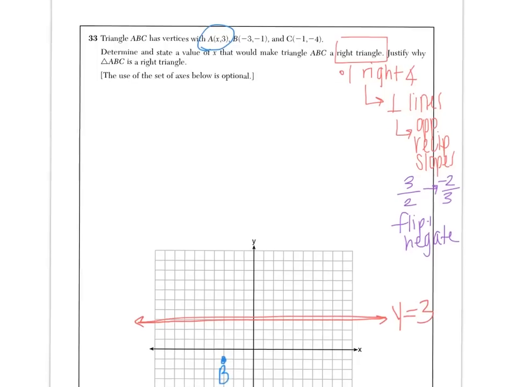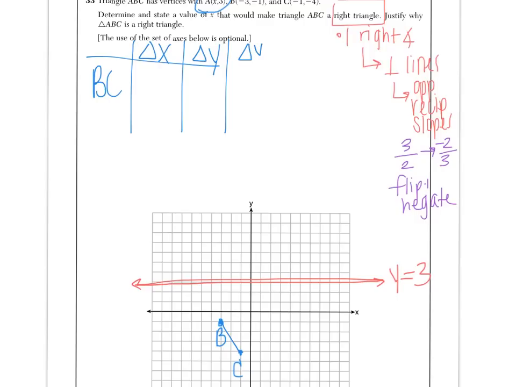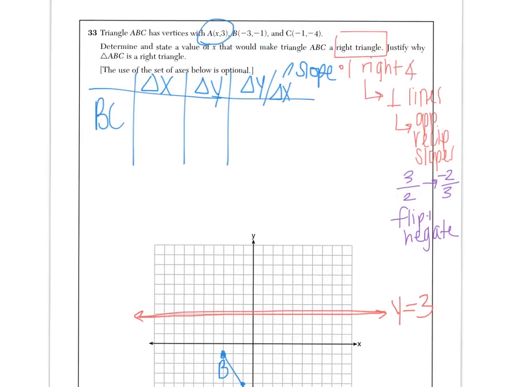So what I want to do is first find the slope of BC. I'm going to connect them. I'm going to do BC with change x, change y, and then slope. Slope is change y over change x. Remember, y is to the sky. Change means to subtract. So here I'm going to subtract my coordinates.